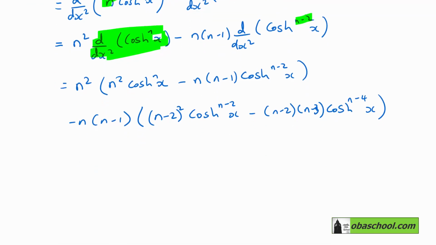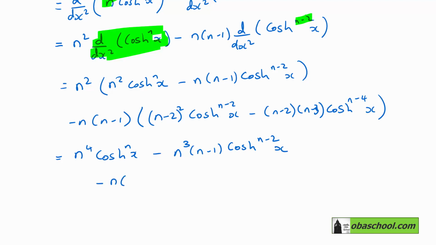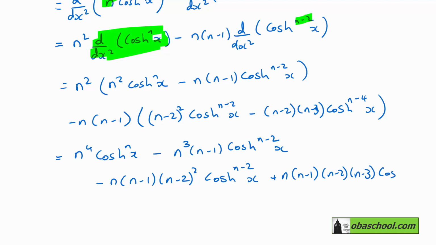So we can expand all of that out, and we get n to the 4 cosh nx, take away n cubed n minus 1 cosh n minus 2x, take away n minus 1 n minus 2 squared cosh n minus 2x, plus n minus 1 n minus 2 n minus 3 cosh n minus 4x.